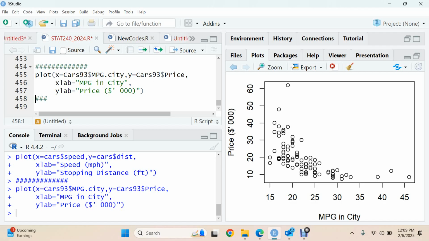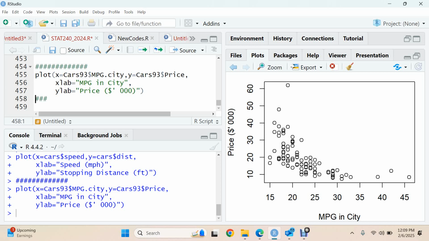Now, I can ask you a question. Let's say you are a new graduate and you want to buy a car. What is your expectation if you've been recommended to buy a car with smaller MPG?